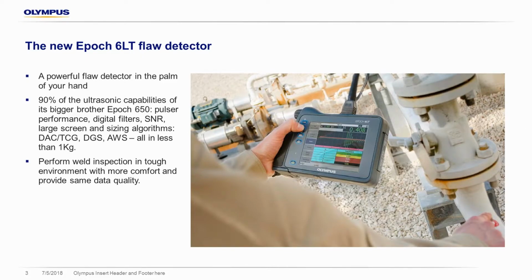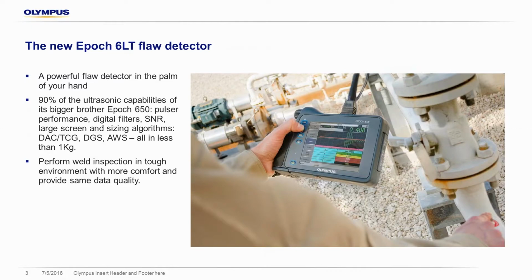I think just a year ago, Olympus released a new, ultra portable flaw detector, which is the Epoch 6LT. It incorporates 90% of the ultrasonic capabilities of its bigger brother, the well-known Epoch 650.